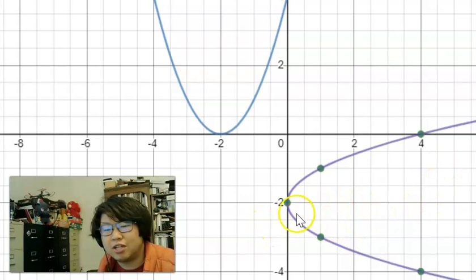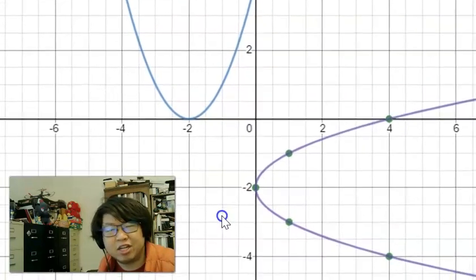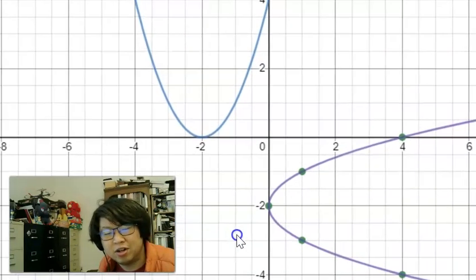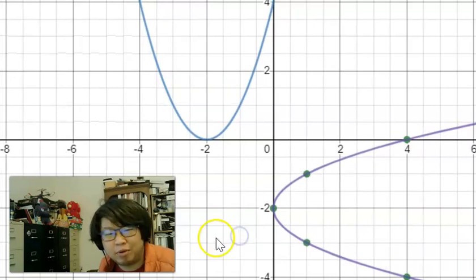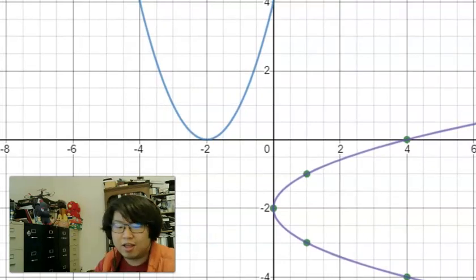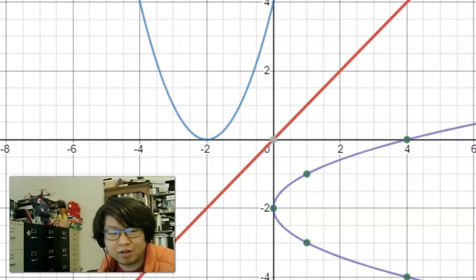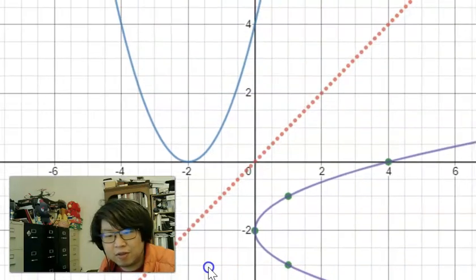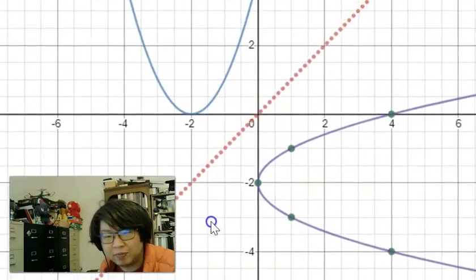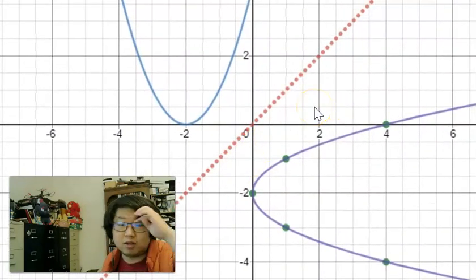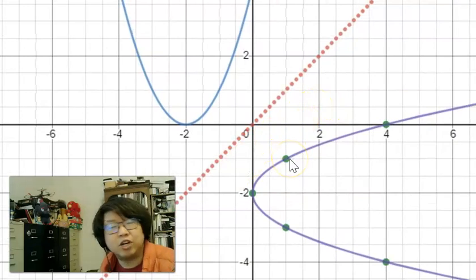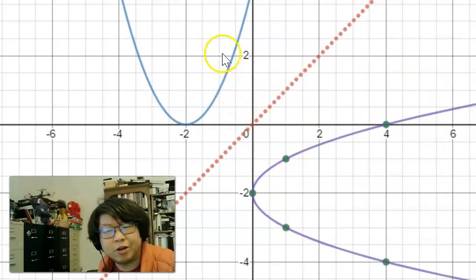As you can see, it's kind of the same shape, but it is flipped over. That's because of the special property of inverse functions: they are a reflection in the line y equals x. If you can remember this line, the y equals x line, any function in the plane can be inverted by reflecting it in that line.